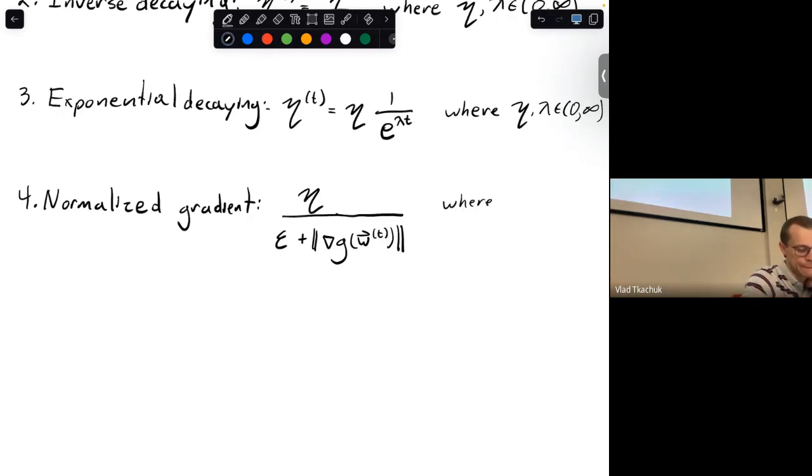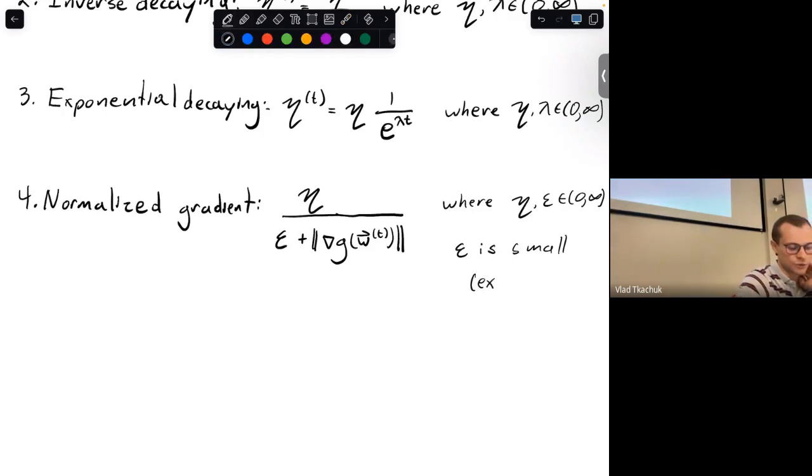Once again, these are just parameters. But the epsilon has a special property here: it is usually very small, and it's just there so you don't divide by 0. If you didn't have this epsilon and the gradient is 0, you'd be dividing by 0.